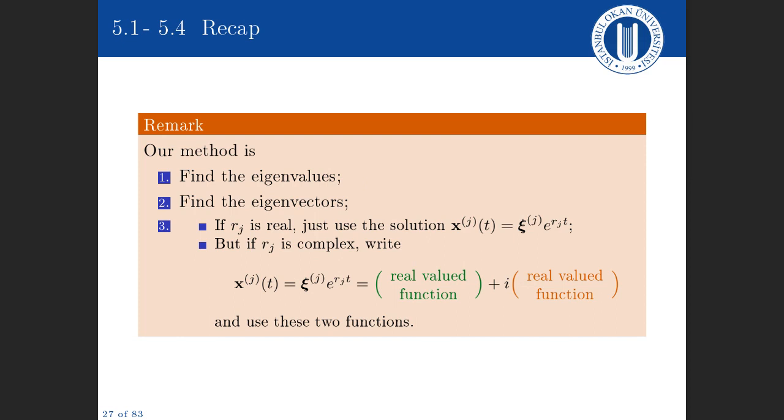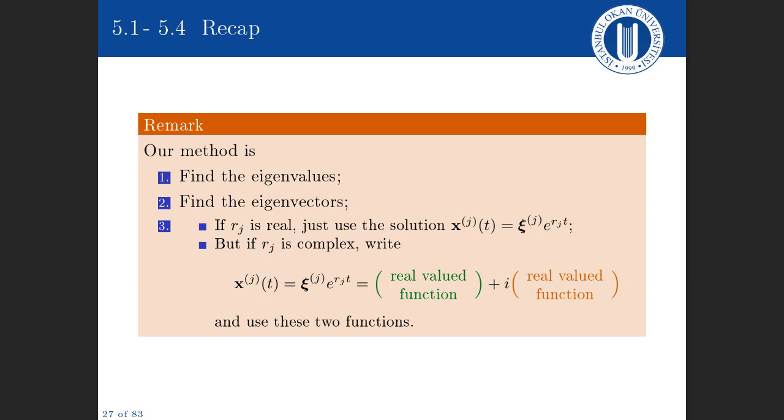Our method to solve a linear system is this. Step 1, find the eigenvalues. Step 2, find the eigenvectors. Step 3, if the eigenvalue is real, then we just use the solution eigenvector e to the power eigenvalue t.